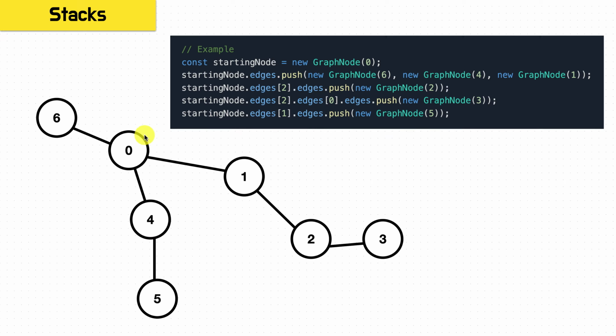4 is going to be at the top of the stack, so we pop it, visit 4, and then push 5 to the stack. 5's at the top of the stack now, so we visit it, then we pop 5, we fully visited this path, and then we return to the stack. The final remaining node is 6, we pop that, visit that, and finally we're done. So when we perform depth first search, we visit down all the paths before going to the neighbors.